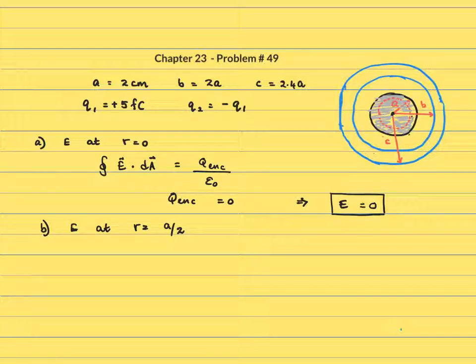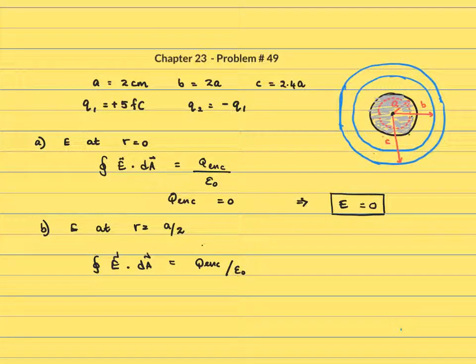So I picked a sphere, and I am going to write Gauss's law, the equation E dot dA equals enclosed Q over epsilon naught. Now the solid sphere has a charge of Q1, 5 femtocoulomb, and the entire sphere has 5 femtocoulomb.